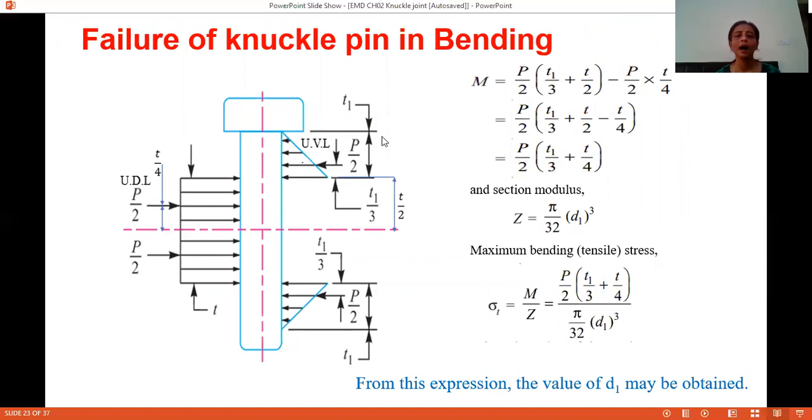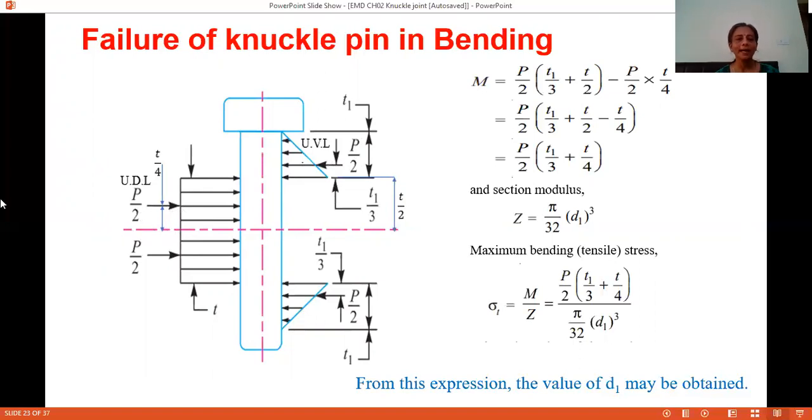Considering the upper half part of the neutral axis, here this load UVL is acting at a distance T by 2 plus T1 by 3, because this will act at 1/3 of the height, and height is T1. Over here, uniformly distributed load will act at a distance T by 4 from the neutral axis.